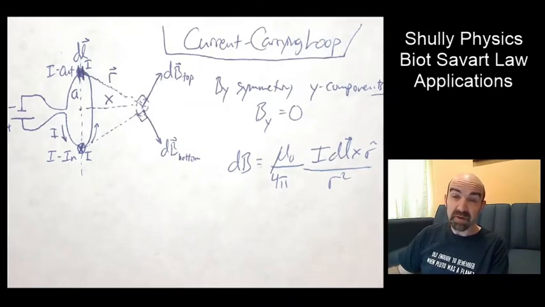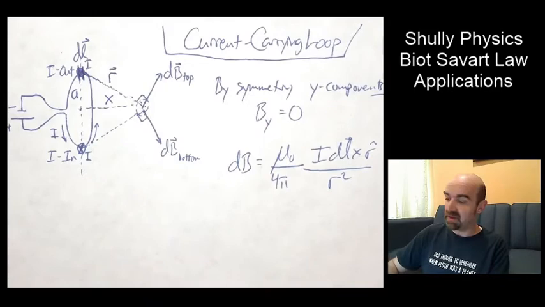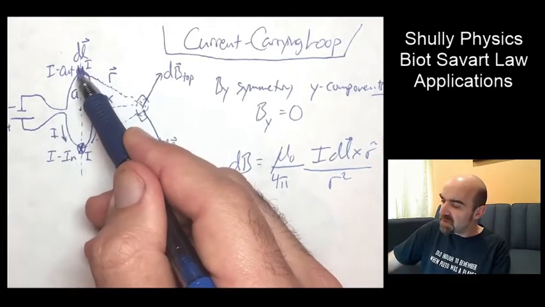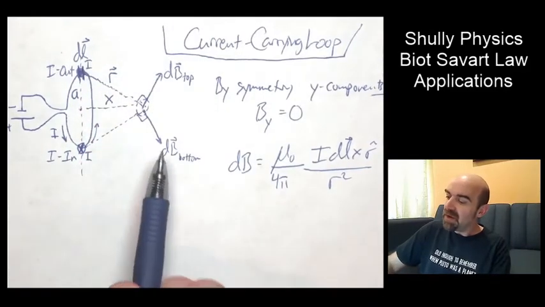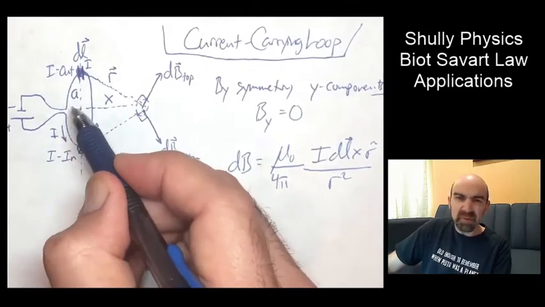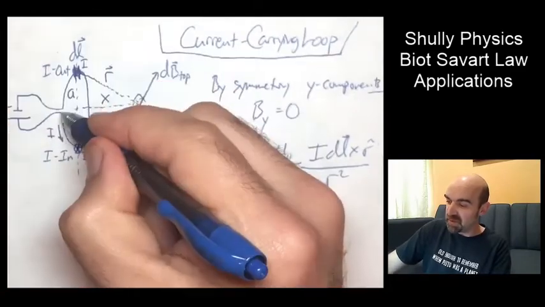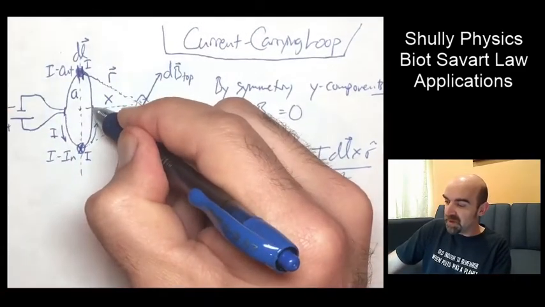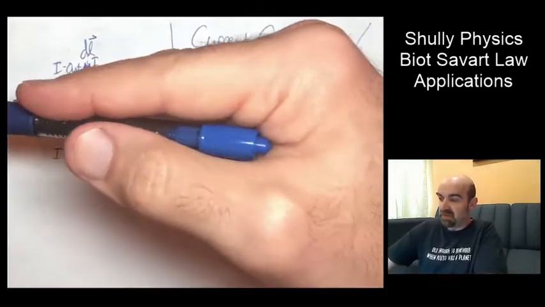The first thing I'm going to do is get the magnitude of this magnetic field, and then figure out the x component of that magnetic field. As we look at these segments going around the circle, these little pieces dl all have x components going outward, but what I was calling the y component here would really be more like a z component for a segment of the loop over here compared to this segment over here, and they crisscross in this plane coming out of the page.